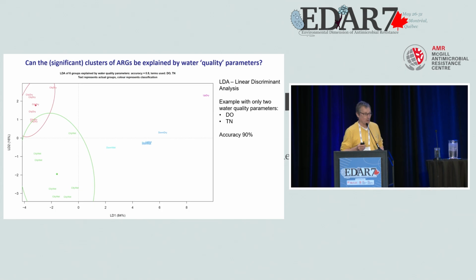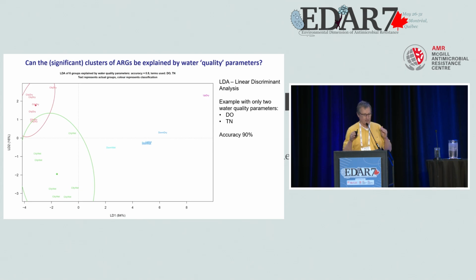Okay, so what we've then asked is whether we can explain the pattern of resistance genes using other data, in this case water quality measurements, to predict or to discriminate the stretches that we found by clustering resistance genes.